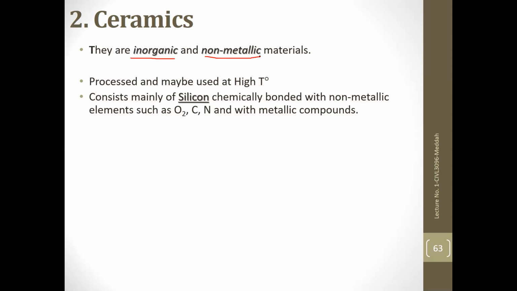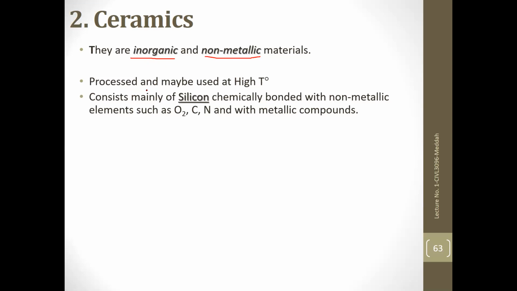So two major characteristics of ceramic materials: they are not pure metals, and it is very funny, to form a ceramic you need a metal element plus oxygen, and it will be transformed into a ceramic material. But as pure material, it is not a metal. And also they are inorganic materials.